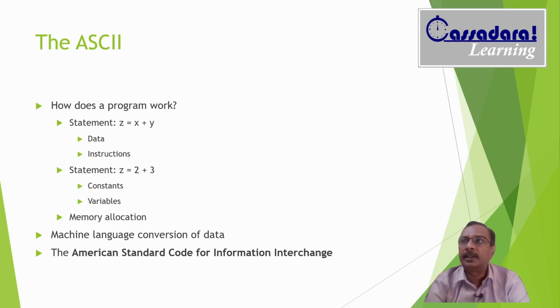So we have to differentiate. Each statement, a computer similarly will differentiate between data and instructions. So here when I say z equal to x plus y, it will simply try to identify x and y and also z as data, and then equal to and plus as instructions.